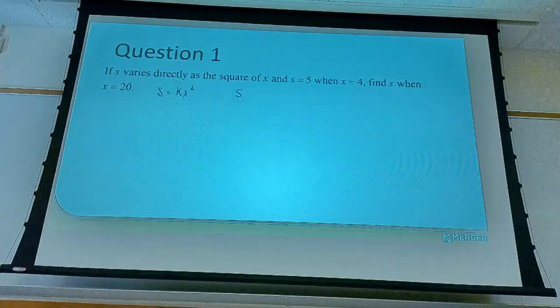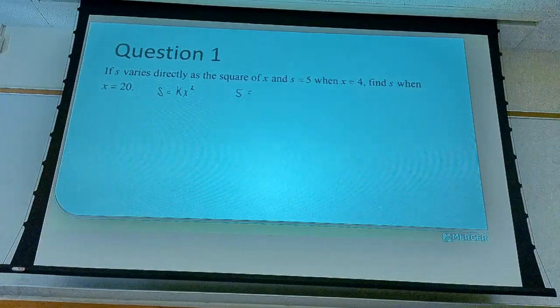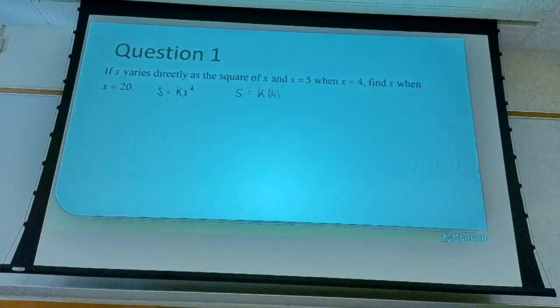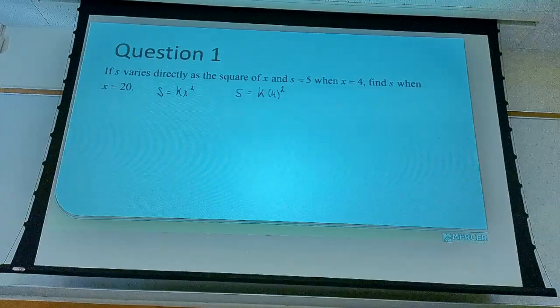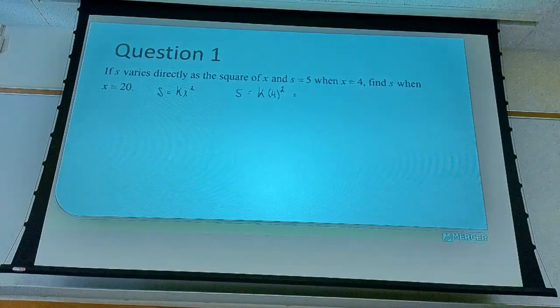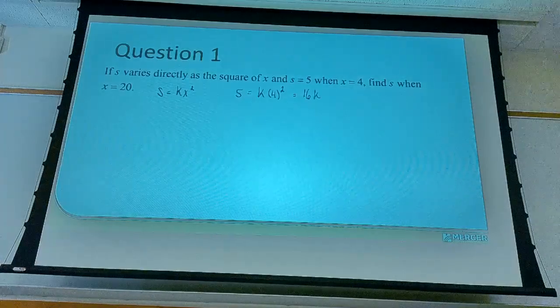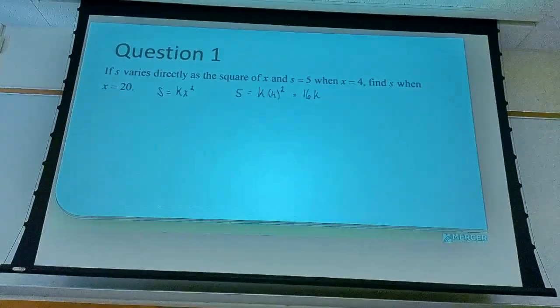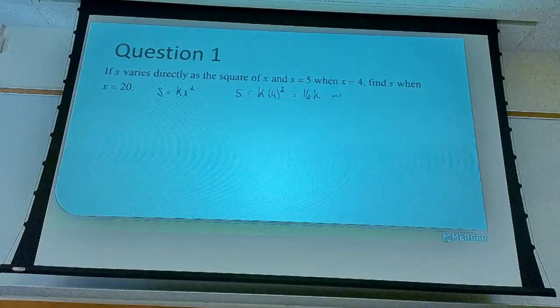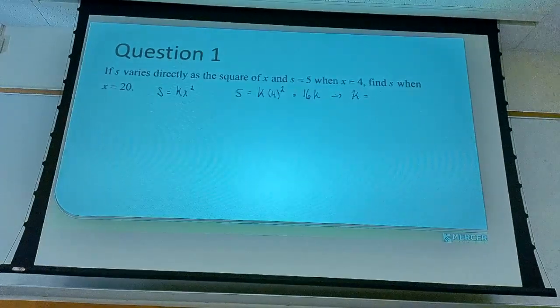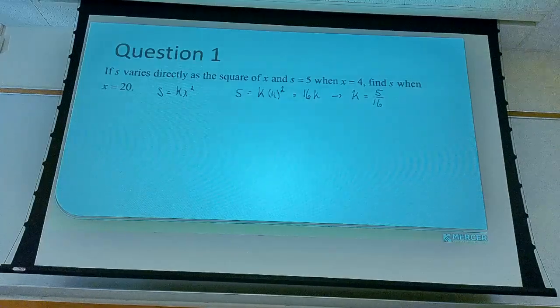S equals 5 when x is 4 means k is 5 over 16.